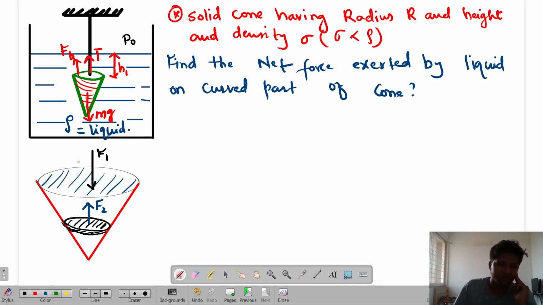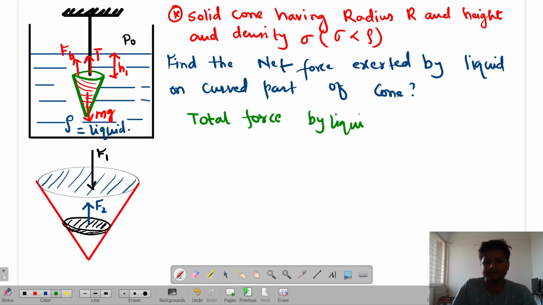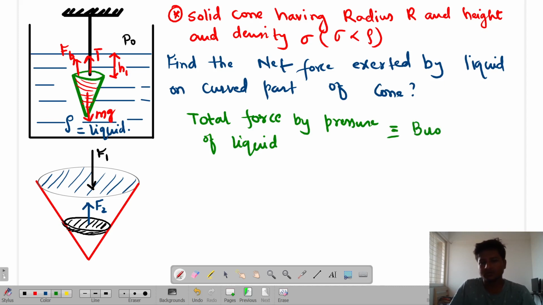But one thing we know, that the total force by pressure of liquid is exactly equal to the buoyancy force.